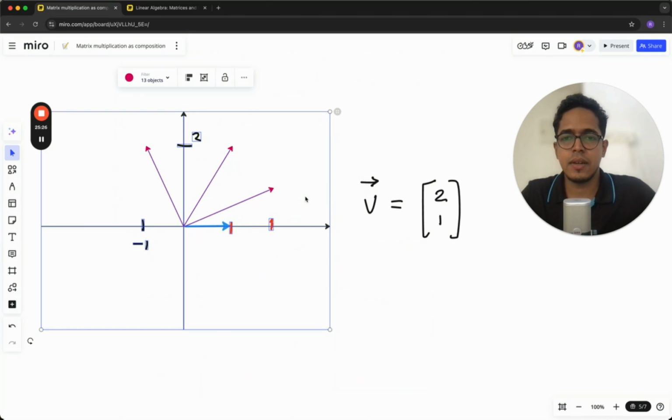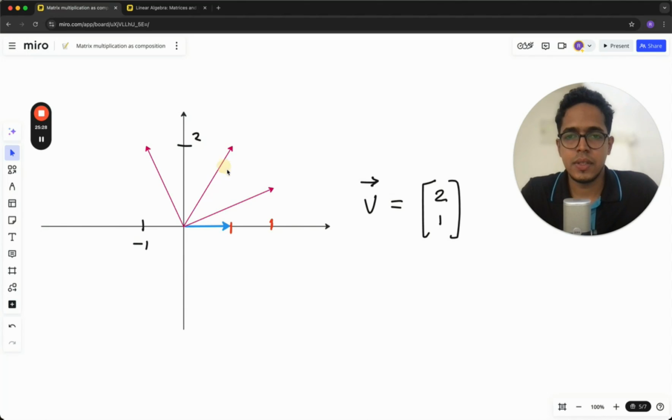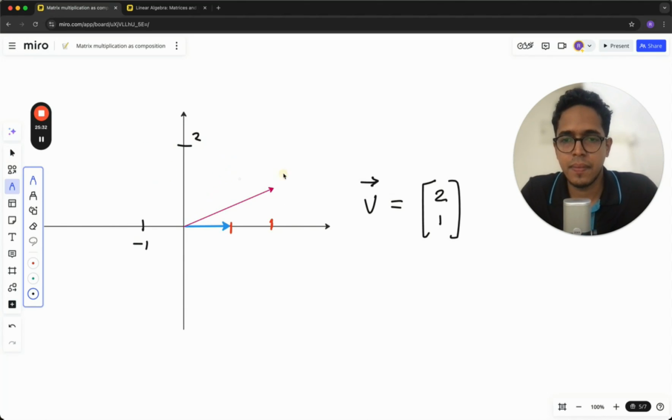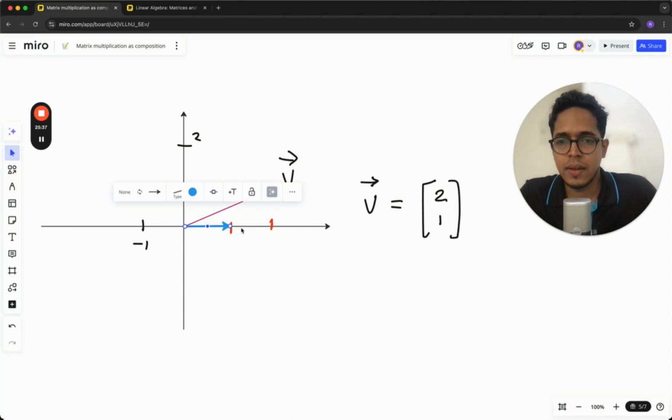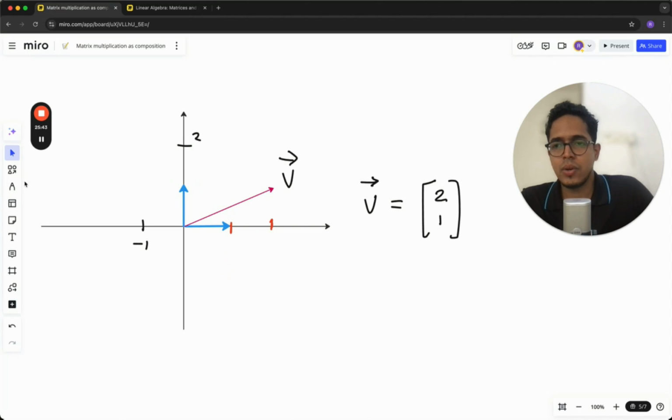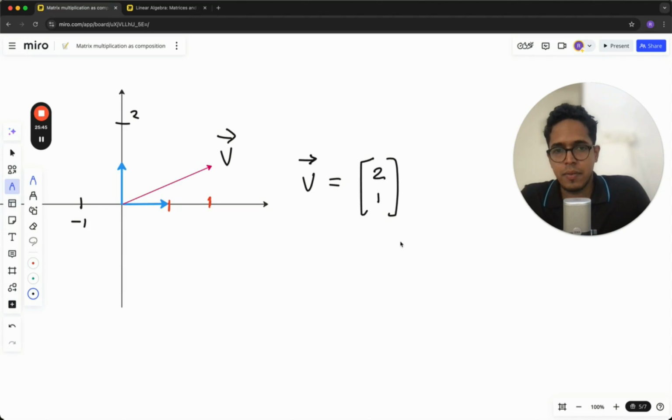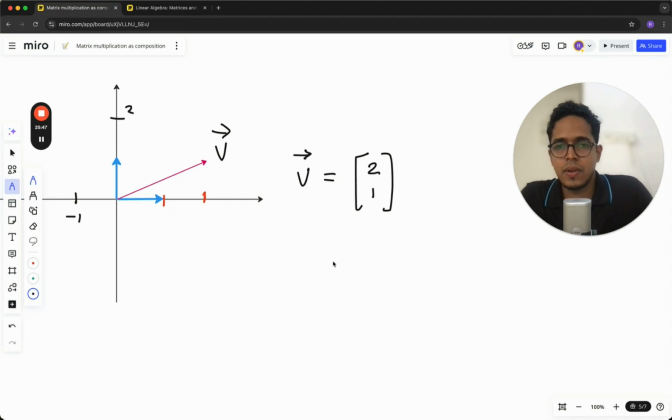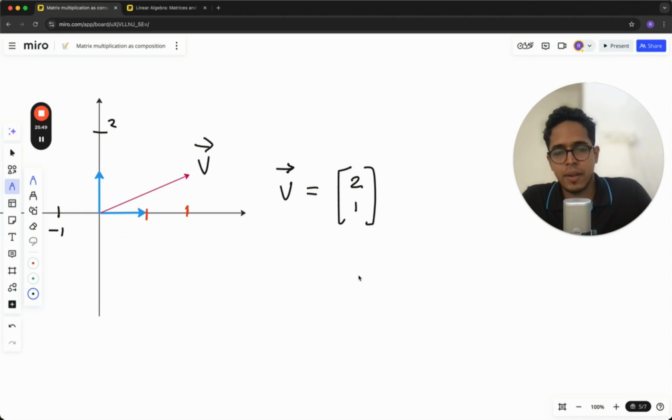Okay, so this is the vector v, and let me put the i and j here. Okay, so this is vector v. So now can we do the following?